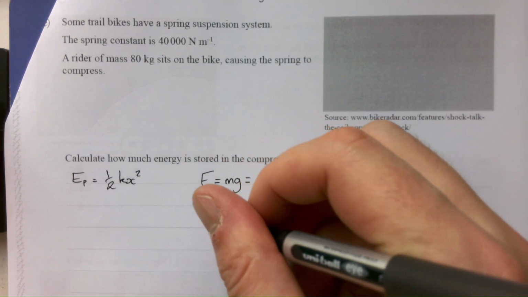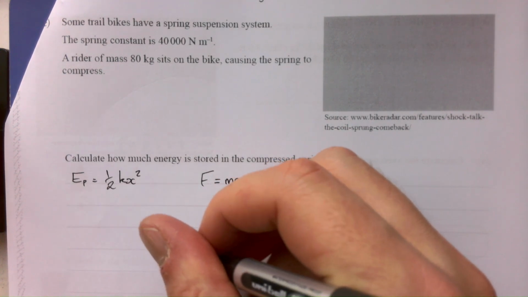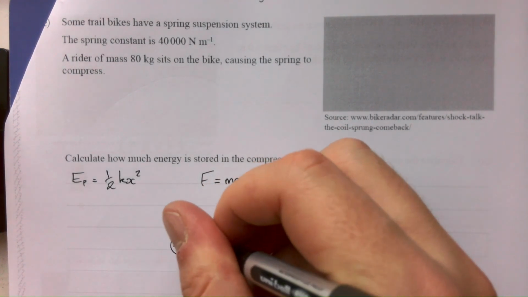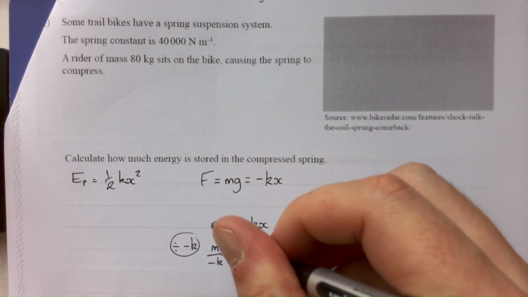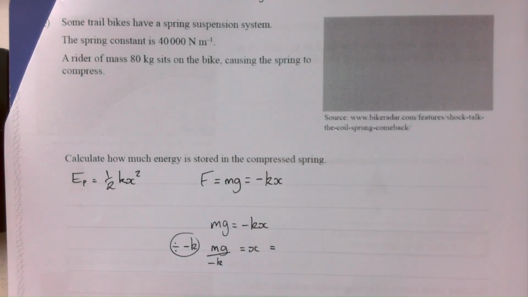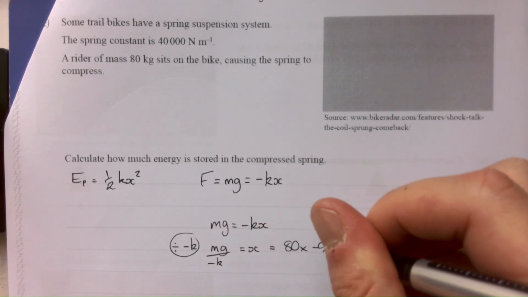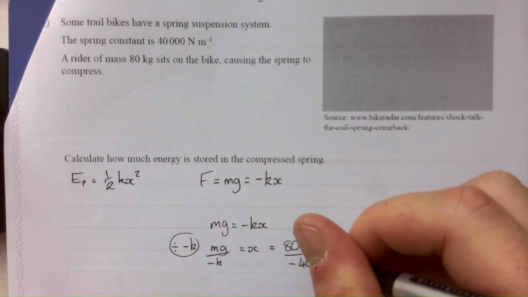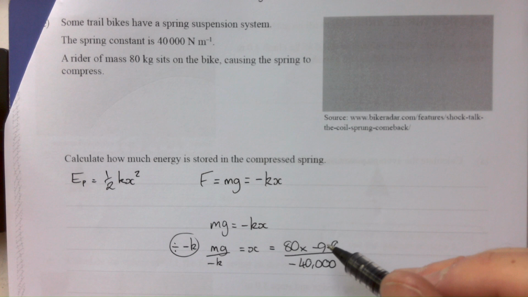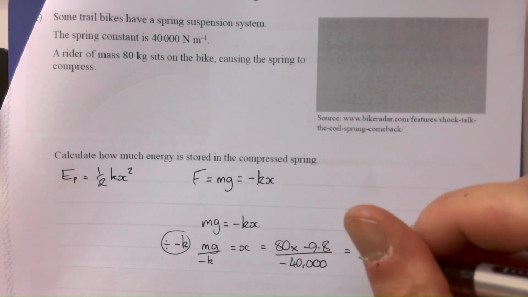So if we say that mg is equal to minus kx, and we divide both sides by minus k, we get mg over minus k equals x. And if we substitute those values in, he's 80 kilograms, gravity is minus 9.8, and our k is 40,000. Remembering the minus, because we've got a minus on both sides, they will cancel out.